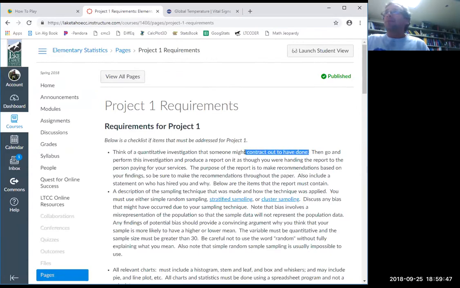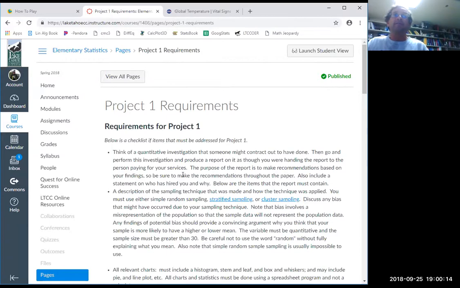Think about what someone might be interested in learning about, and that is your project. Then go and perform this investigation and produce a report on it as though you were handing the report to the person paying for your services. So that's the way you write your paper.